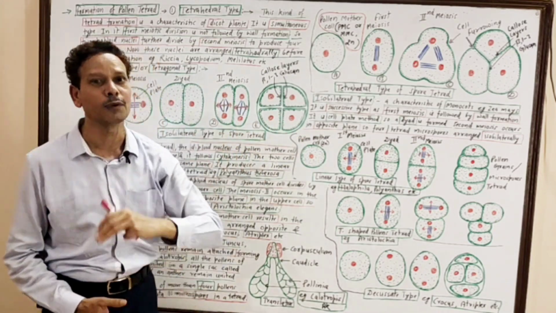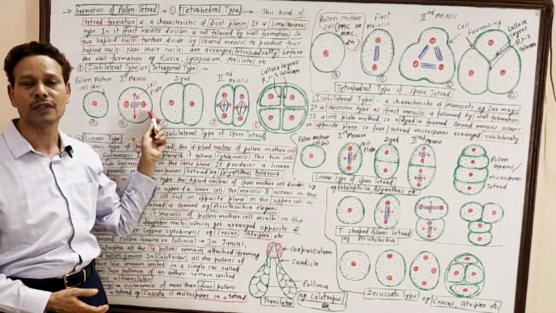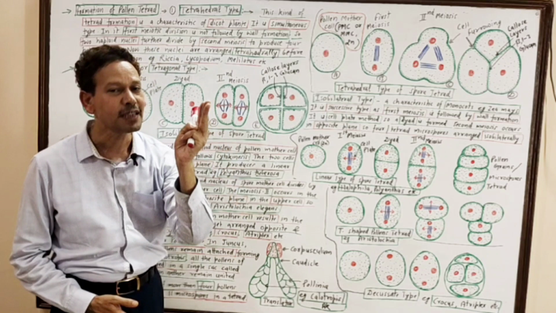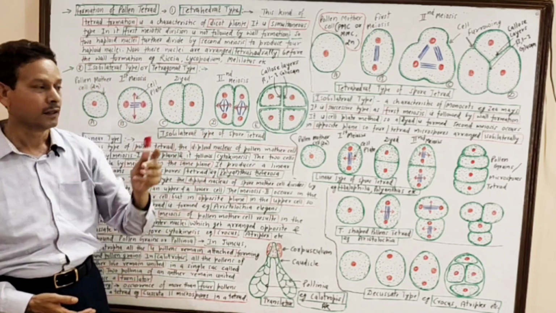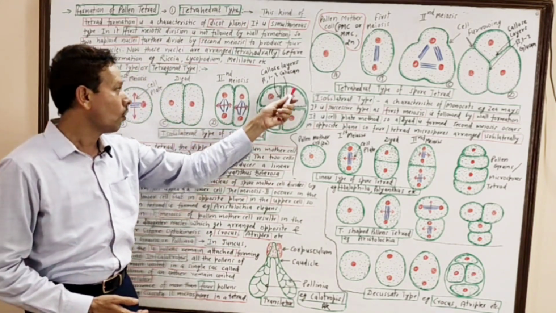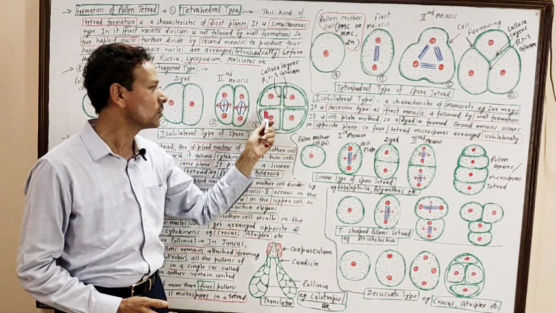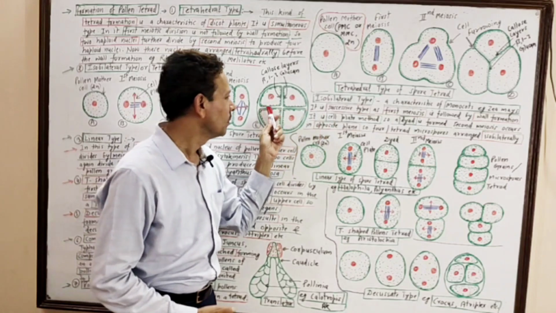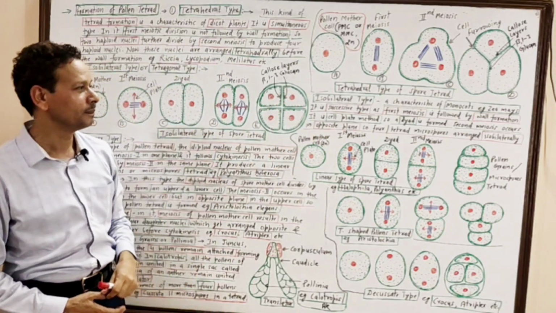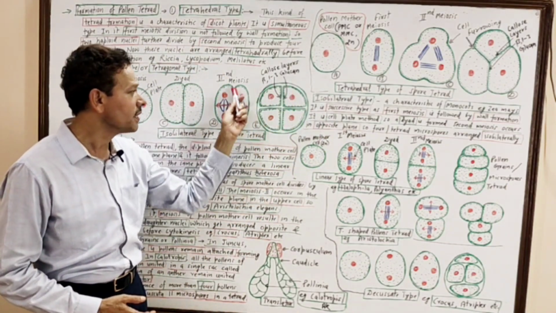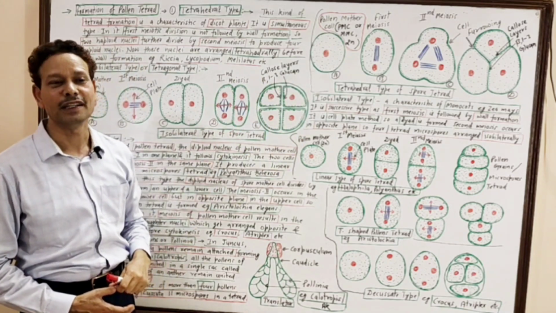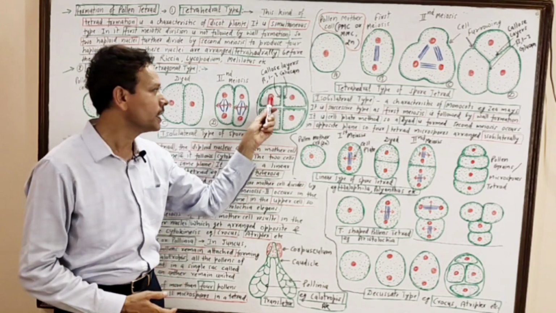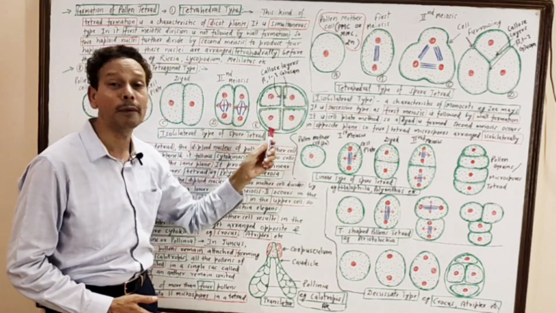It is successive type because after each meiosis, after formation of nuclei, cell wall formation occurs, and all four microspores are arranged in opposite planes. These are arranged isobilaterally.